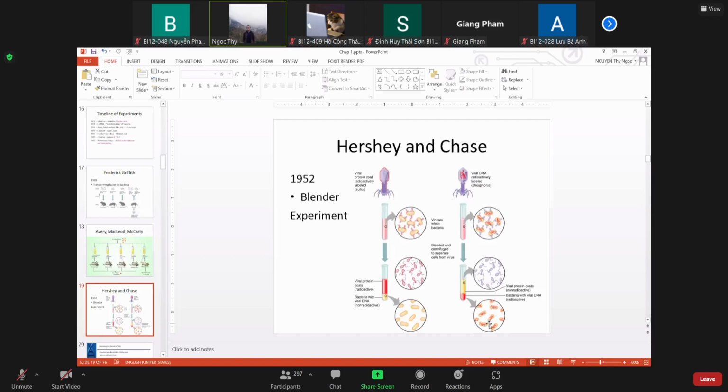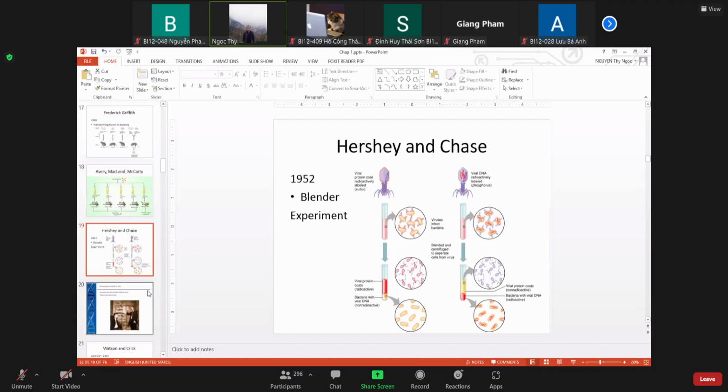So the radioactive label was located inside the bacteria. That means the DNA was injected from the phage into the bacteria, not the protein coat, not the protein envelope.